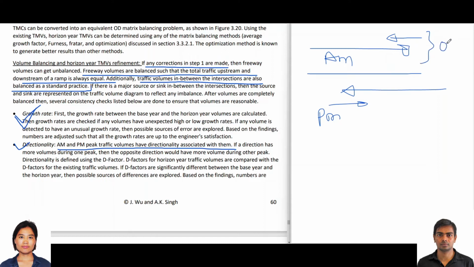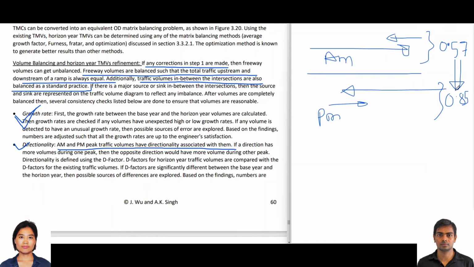So let's say the directionality factor is 0.5 in AM, and in PM we come up with a directionality factor of, let's say, 0.57. If the directionality factor is, let's say, 0.85, then we may think that something is off. A closed system typically tries to maintain the directionality.